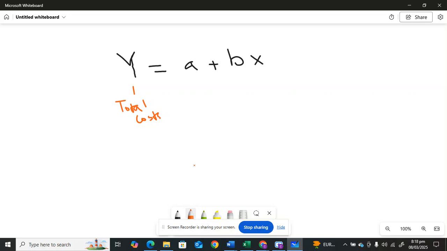Maybe you can also tell us variable costs. Yes, they change with output. The more you produce, the higher they are. The less you produce, the less they are.